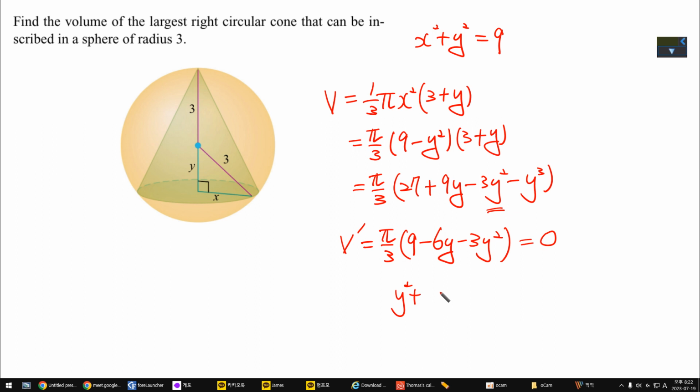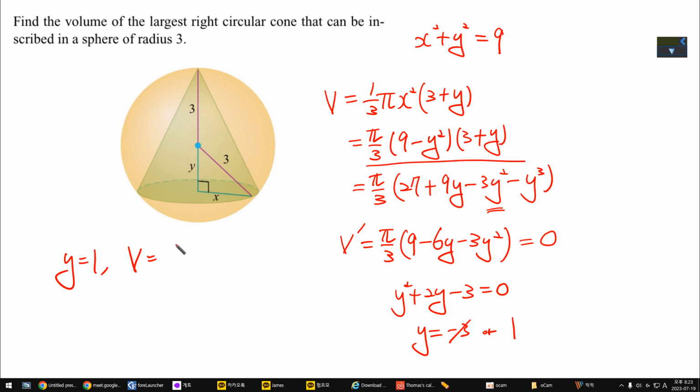So if we make the factoring, y is minus 3 or 1, but minus 3 doesn't make sense. So y should be 1. So when y is 1, and the volume is, we can use this one.